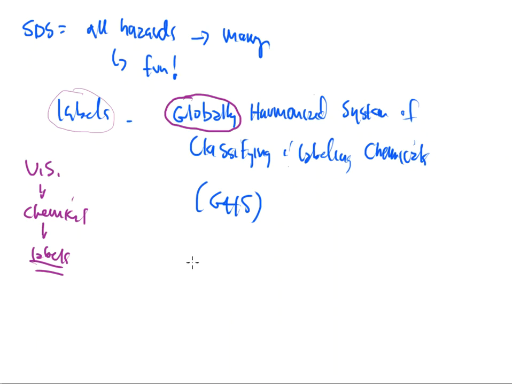Labeling requirements are also now part of HAZCOM. We've talked about HAZCOM before in a previous lecture module. And HAZCOM, what we're referring to here, is 29 CFR 1910.1200. In 2012, OSHA revised the HAZCOM.